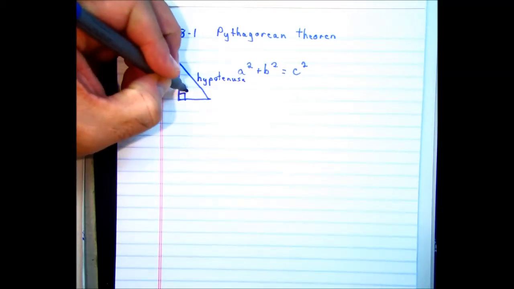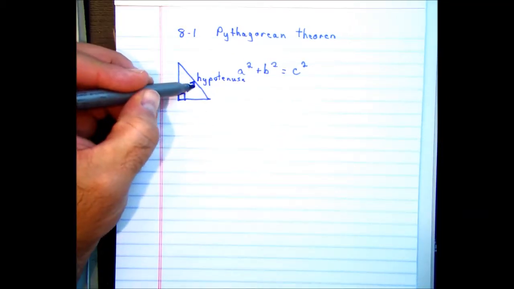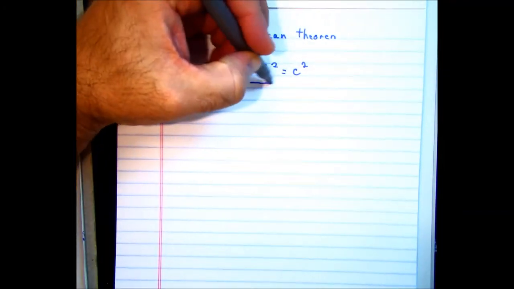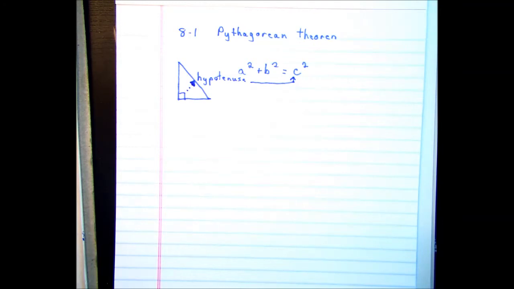Because it is across from the right angle. Its name is always the hypotenuse. If you never call it anything but the hypotenuse, you will be good. The hypotenuse is your C side. It's not C squared. You have to square it, but it is the C side.